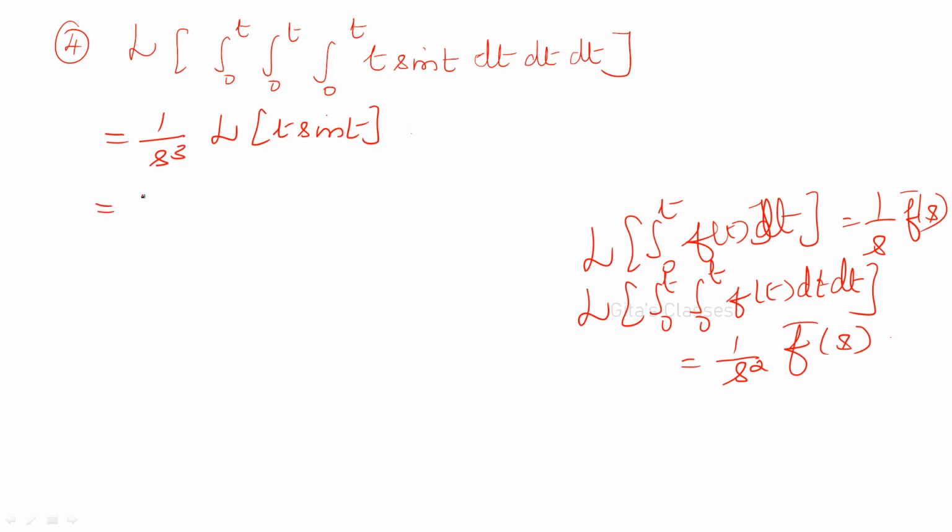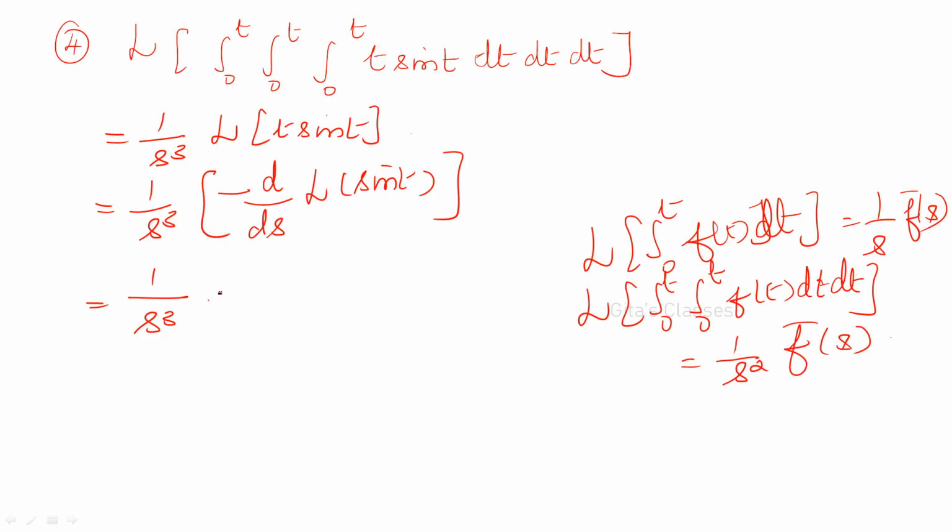Okay. So this is equal to 1 by s cube into, twice means 1 by s squared. Here triple integral. So 1 by s cube into L of t sin t. So L of t sin t is what? Minus d by ds of L of sin t. That is 1 by s cube into minus d by ds of L of sin t, which is 1 by s squared plus 1.